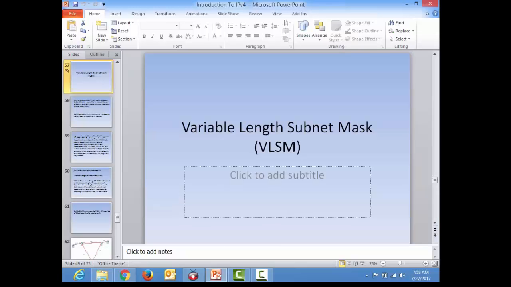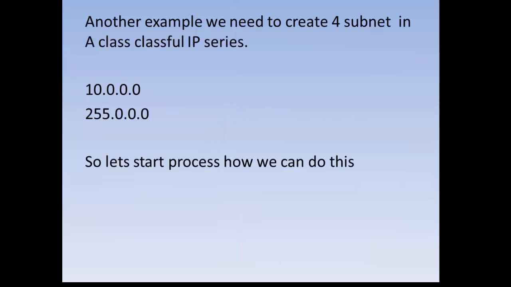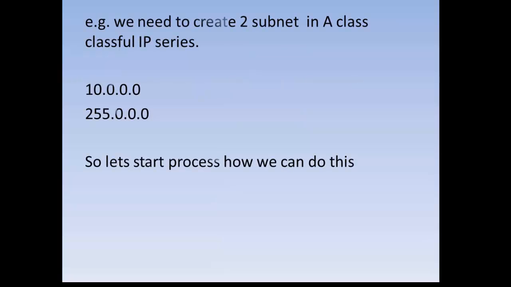Normally we do the subnetting. When we represent the subnet mask, we represent it in this way. So when a router propagates the routes to its neighbor, it always represents it like this.